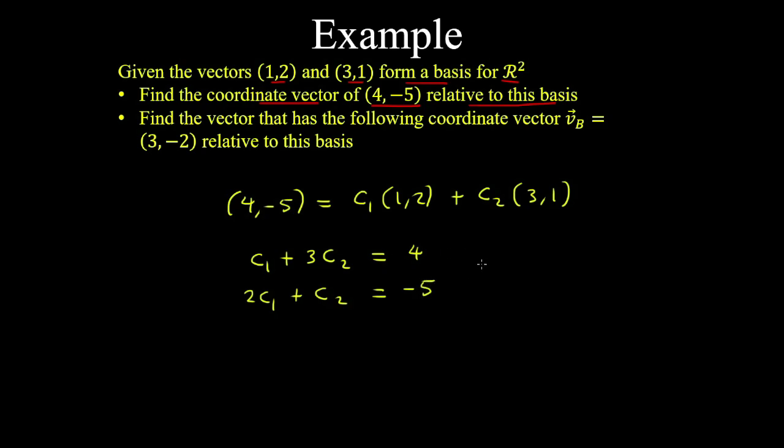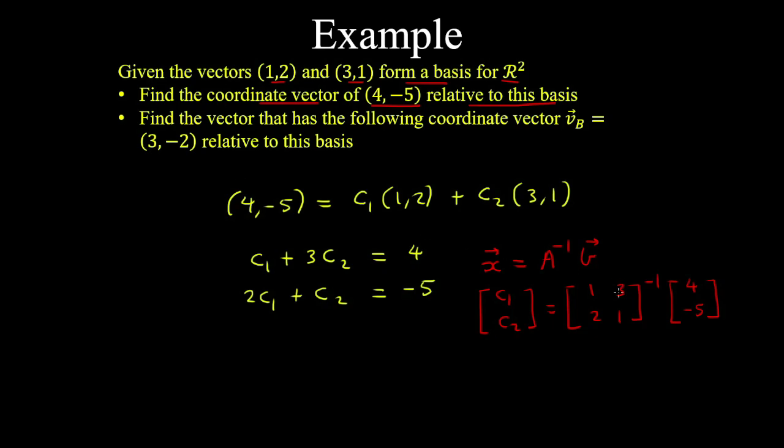So therefore this is a non-homogeneous linear system that can be solved by taking the inverse of the coefficient matrix and multiplying by the vector on the right hand side. So therefore we can write this as C1 C2 is equal to the inverse of the coefficient matrix by the vector with the following components.